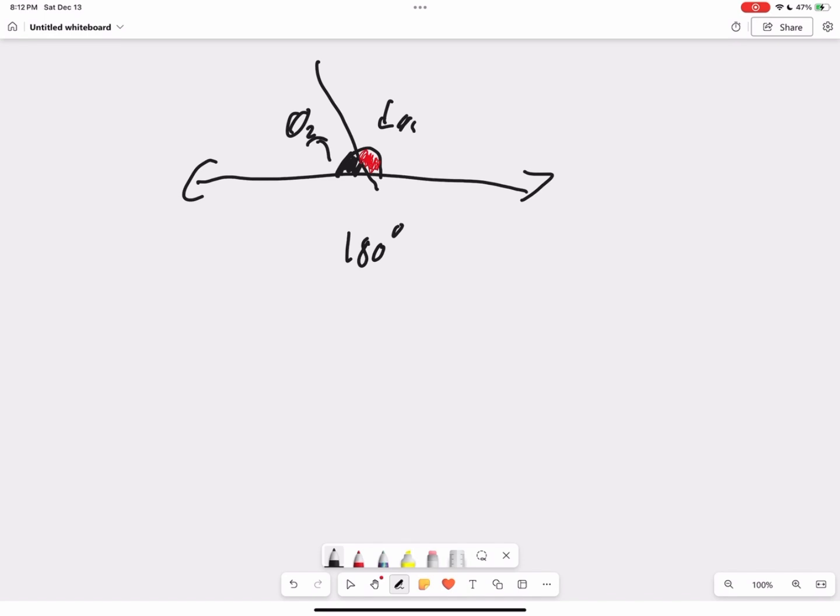So what's a formula that relates these two together? It's angle A plus angle B equals 180. This is the general formula for two angles that form a 180 degree angle. So those are two angles that add up to give us 180 degrees.